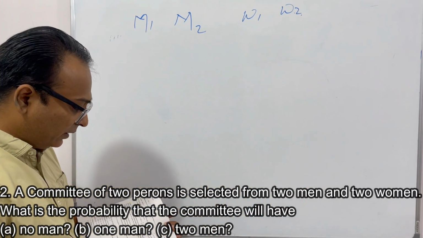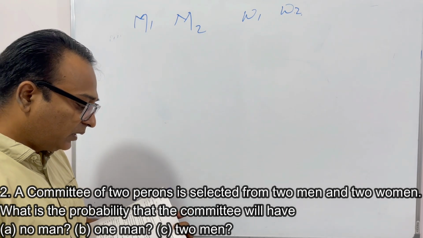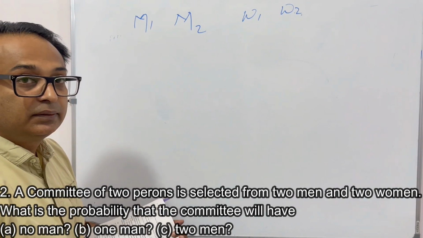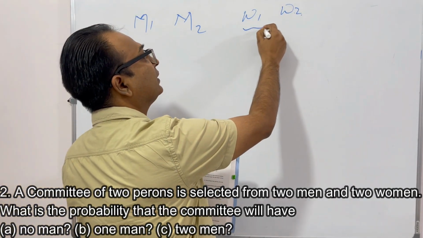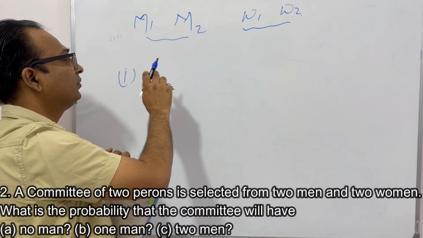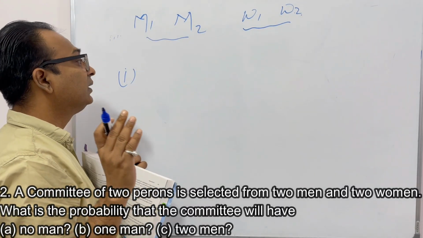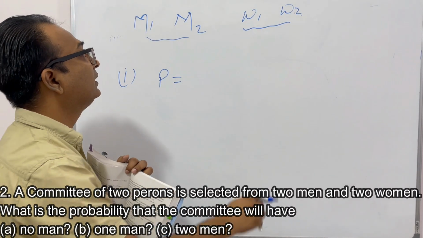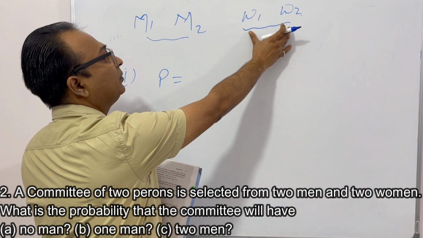It says, what is the probability that the committee will have no men? We have 2 women and 2 men. We have to form a committee of 2 persons only. So what will be the probability? No men means both have been selected from the women.